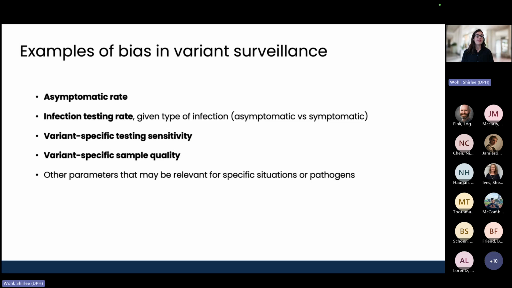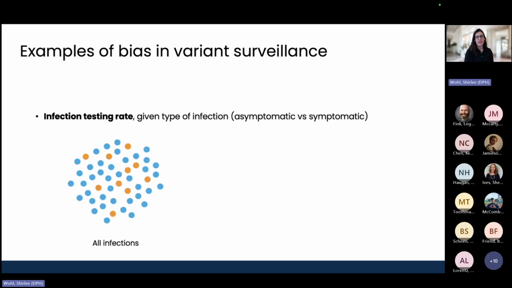You could imagine that the tests that you're using are maybe more sensitive for some variants than others. I think gene dropout in COVID was a really good example of this. So there are lots of reasons why you might have that sort of inherent change already upstream of what samples you're trying to sequence.